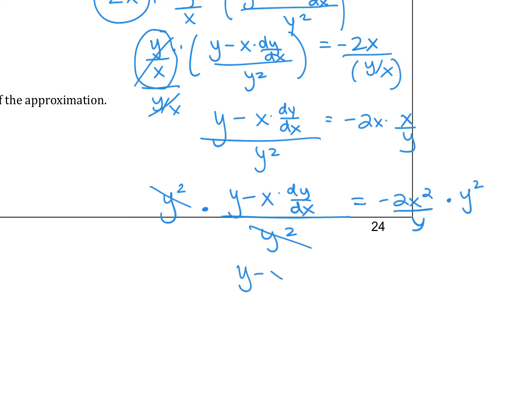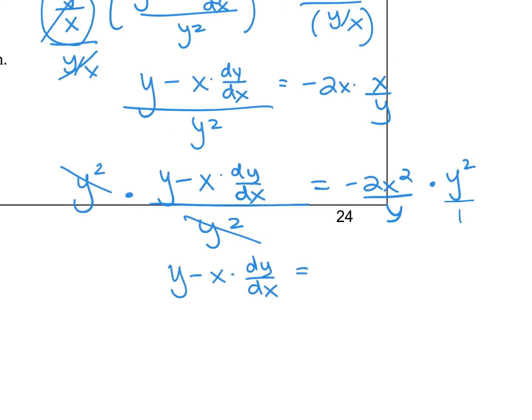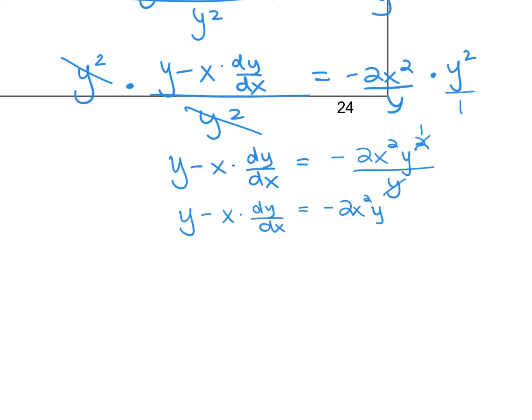That leaves me with y minus x times dy over dx equals, when I multiply by y squared here, negative 2x squared y squared over y. And one of the y's will cancel on top and bottom, which will leave me y to the first on top. So I get y minus x times dy over dx equals negative 2x squared y.